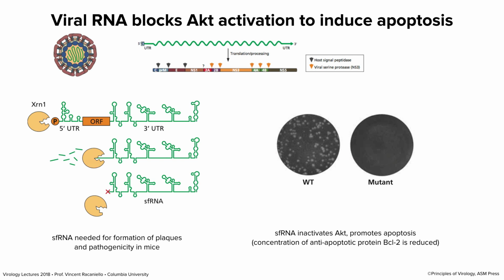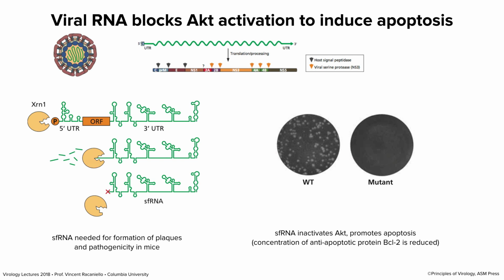And what it does is it promotes programmed cell death. Programmed cell death, apoptosis, some viruses inhibit it, some promote it. It really depends on how long the replication cycle is, if cell death is needed to let the viruses get out of the cells. You can't make any generalizations. In this case, this RNA binds AKT, it inactivates it, and that in turn reduces the concentration of a protein called BCL2, which is an anti-apoptotic protein.